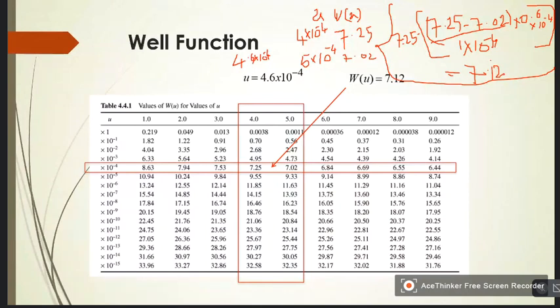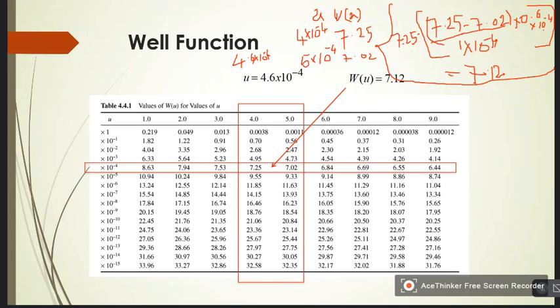Have you checked this? All of you, use your calculator and check. 7.25 minus 7.02, that is 0.23.